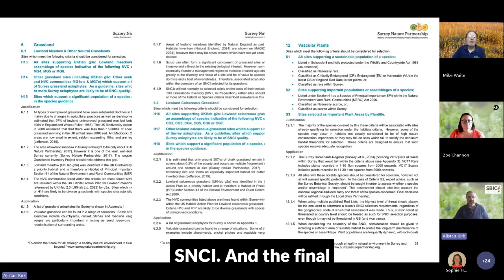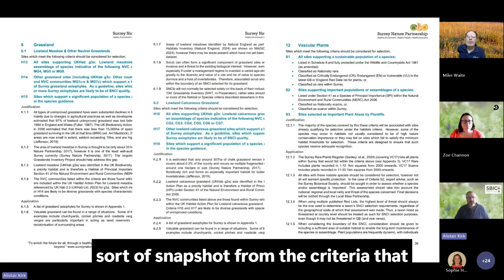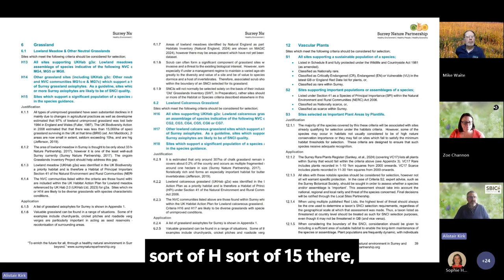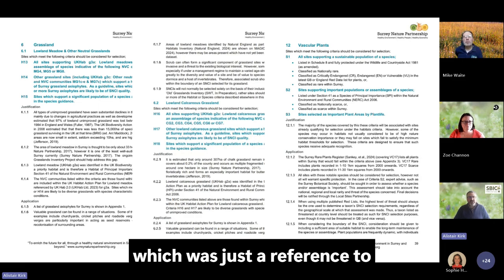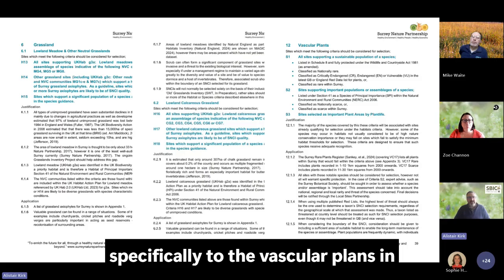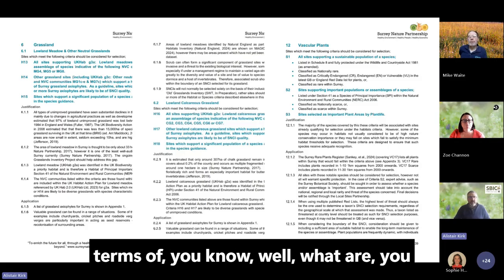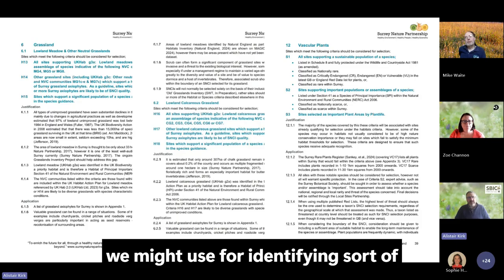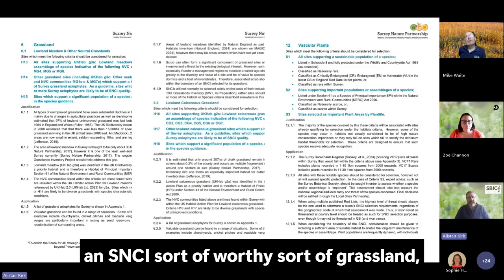And the final snapshot from the criteria was just going to include linking back to H15 there, which was a reference specifically to the vascular plants, in terms of what are the other indicators that we might use for identifying SNCI-worthy grassland.